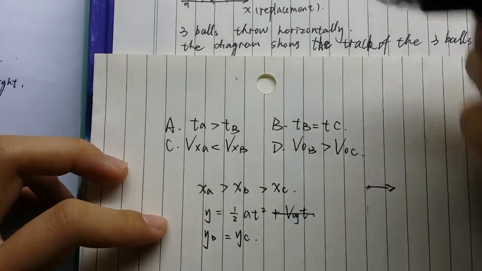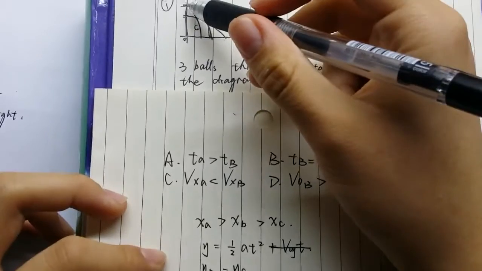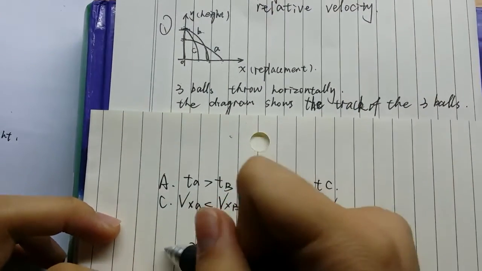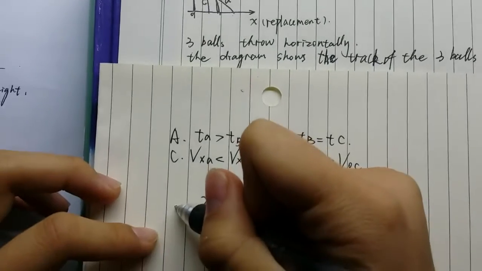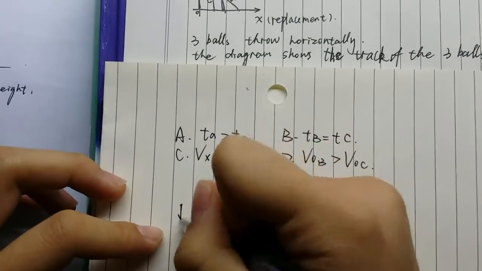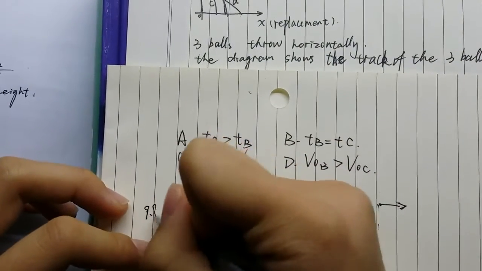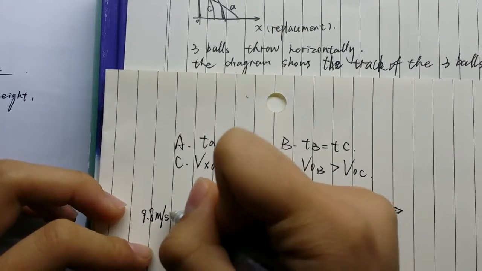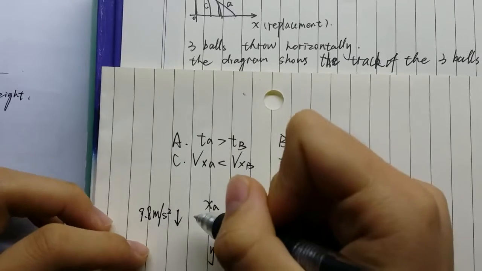Because the balls are all thrown on Earth, the acceleration is all gravity, 9.8 meters per square second.